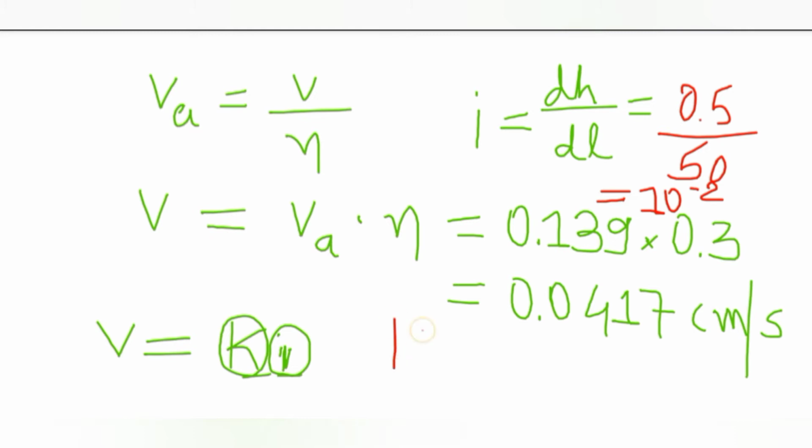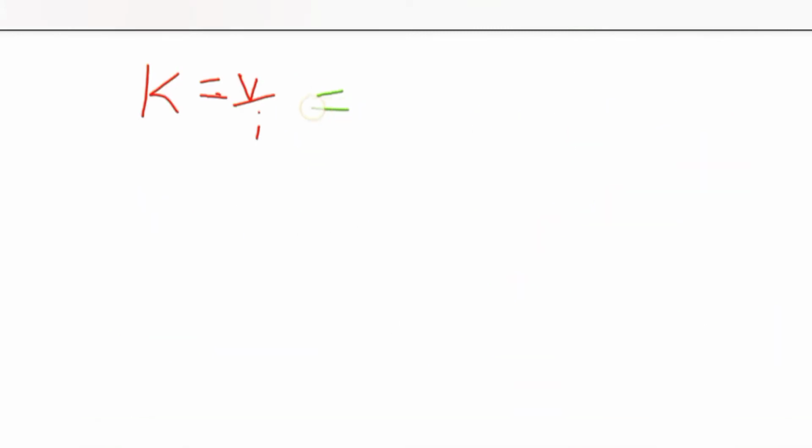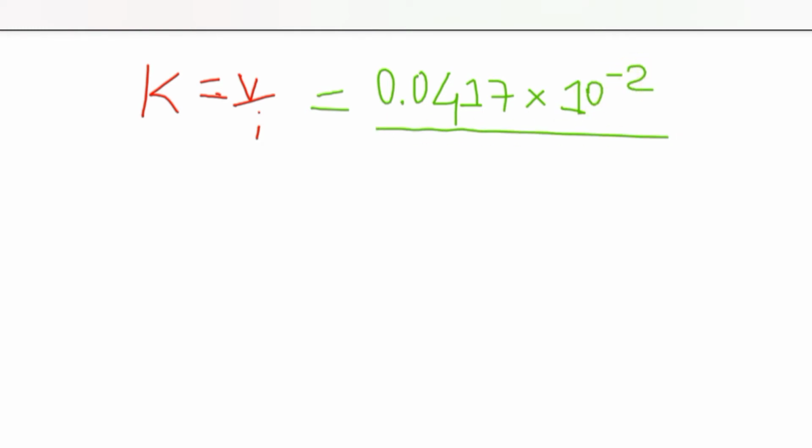Now we'll find out K. So K is equal to the discharge velocity divided by I. So K is equal to V upon I, and it will be equal to 0.0417 into 10 raised to minus 2 divided by 10 raised to minus 2.